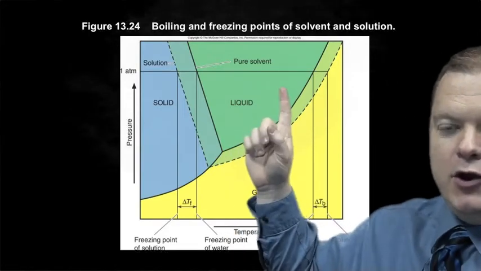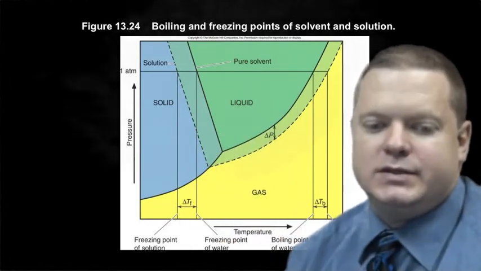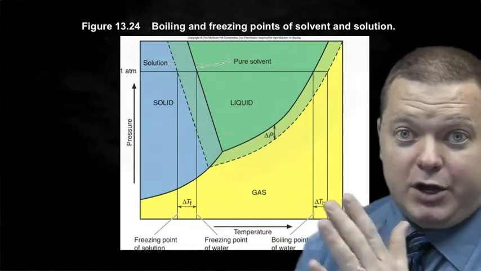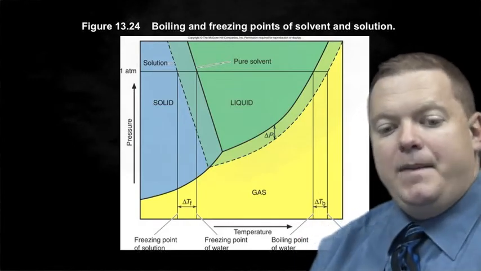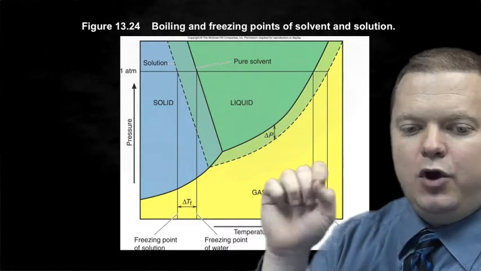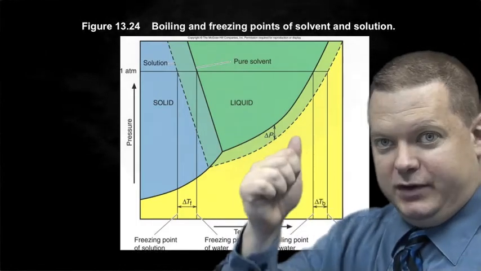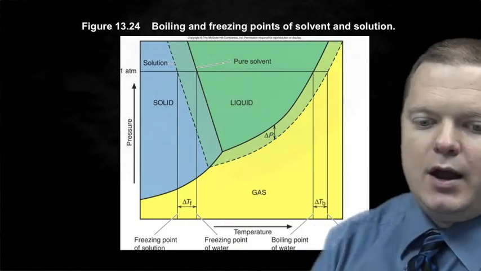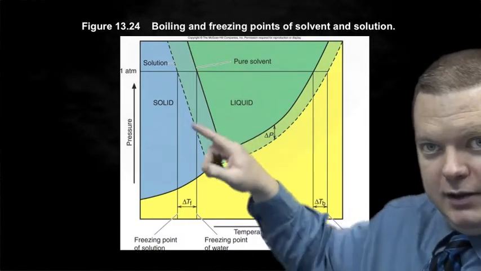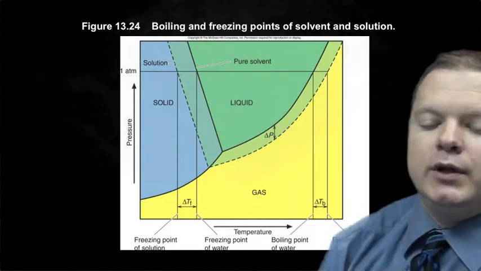If we look at the normal freezing point of the pure solvent versus the freezing point of this solution, we see that it occurs at a lower temperature. If we look at the boiling, we've now elevated the boiling. So the normal boiling point of the pure solvent and the solution differ, with the solution occurring at a higher boiling point, which is essentially causing that line to move sort of down, if you will, overall.